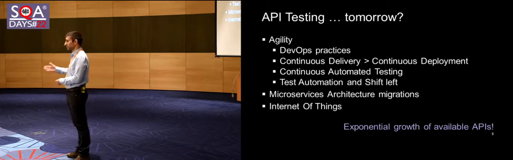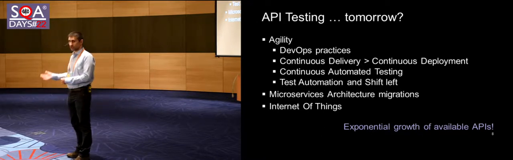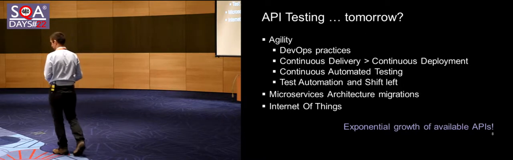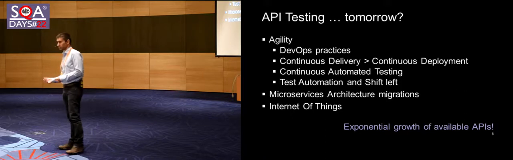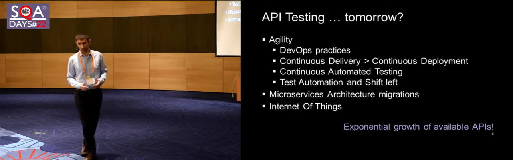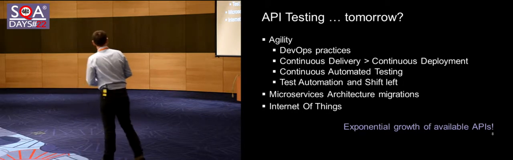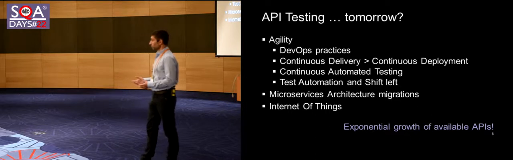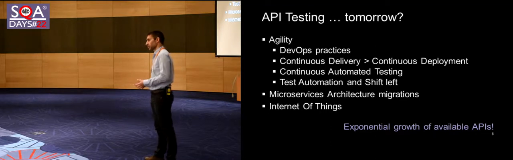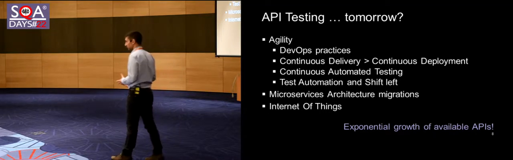But the last stage, to go or not into production, is a manual decision. It's a business decision. It could be just a click of a button, but it will always be a business decision. Okay? And continuous deployment is the extreme. It's like nirvana.